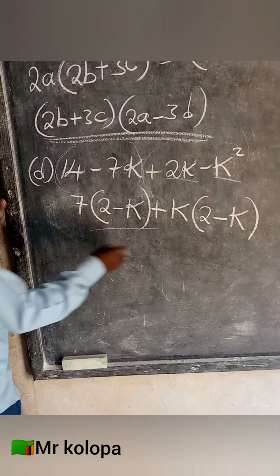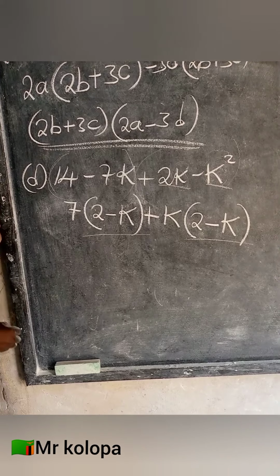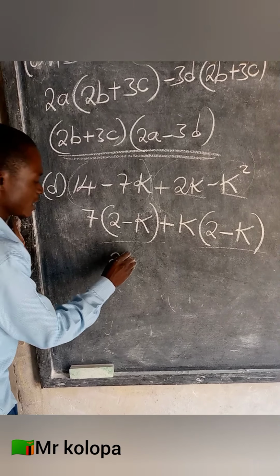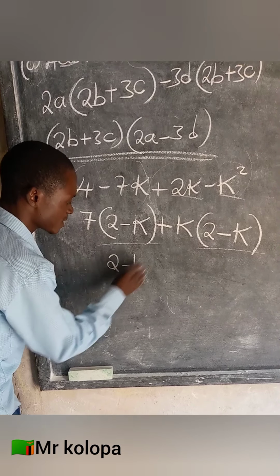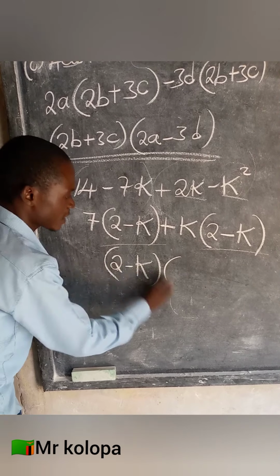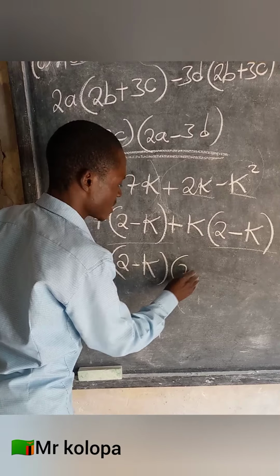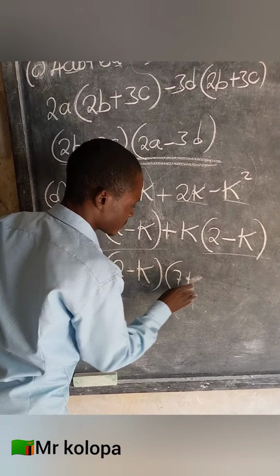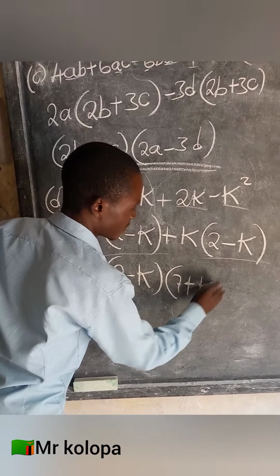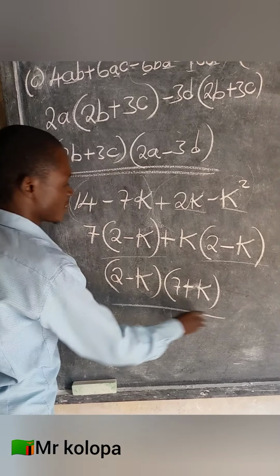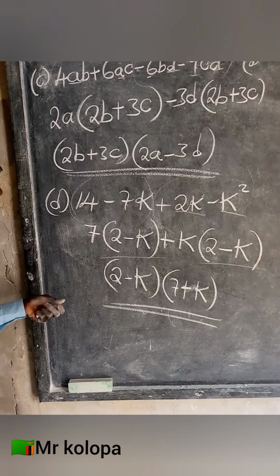So what have you seen in the brackets? You can see that we have same thing, so you write k minus 2 minus k. Another bracket, you say 7 plus k. And this is our answer for question D.